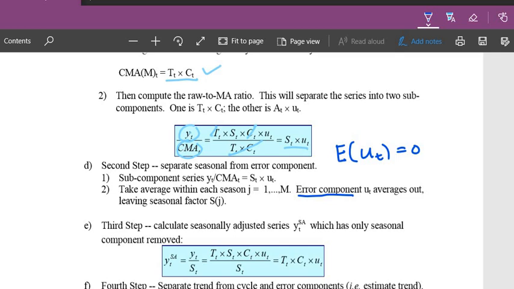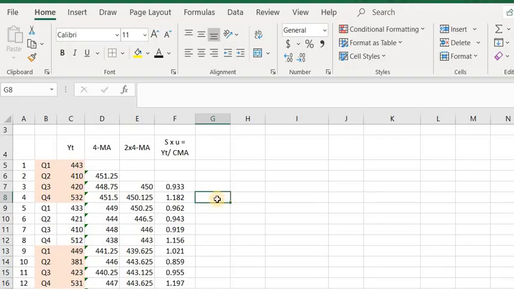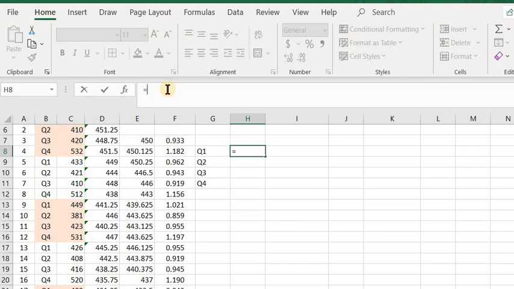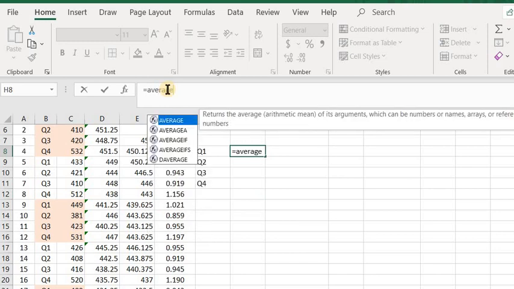So only the seasonal factor is left. Since we have quarterly data, we have quarter 1 until quarter 4 as the seasonality. So we want to compute the average for each seasonal. We can simply take the average directly.